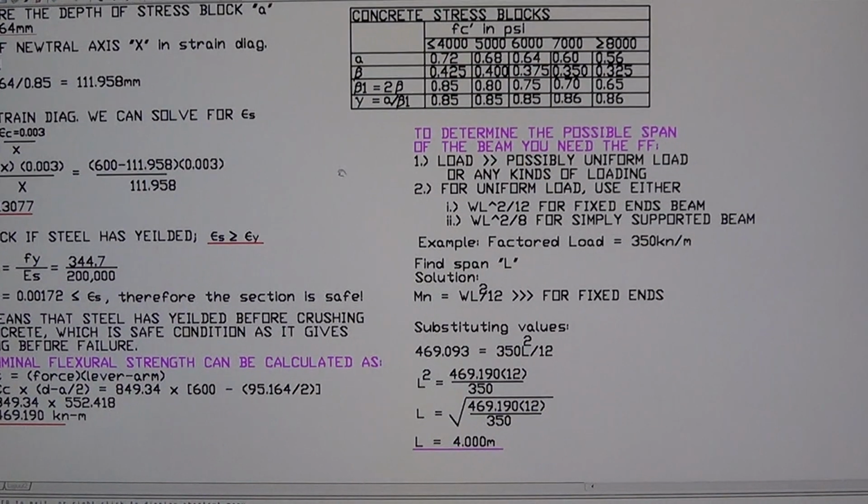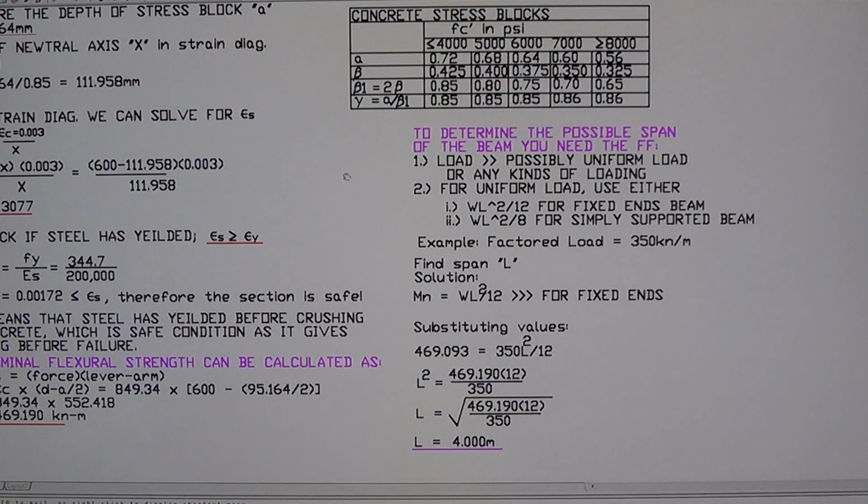Now you may be wondering, we have the moment capacity, but what is the span of the beam? Here's the answer. To determine the possible span of the beam, you need the following. Number one, you need a load to be applied to the beam, possibly uniform load or any kinds of loading. The slab is a uniformly distributed load, obviously, and the beam is uniform load as well. It's very rare for a beam to carry a concentrated load.